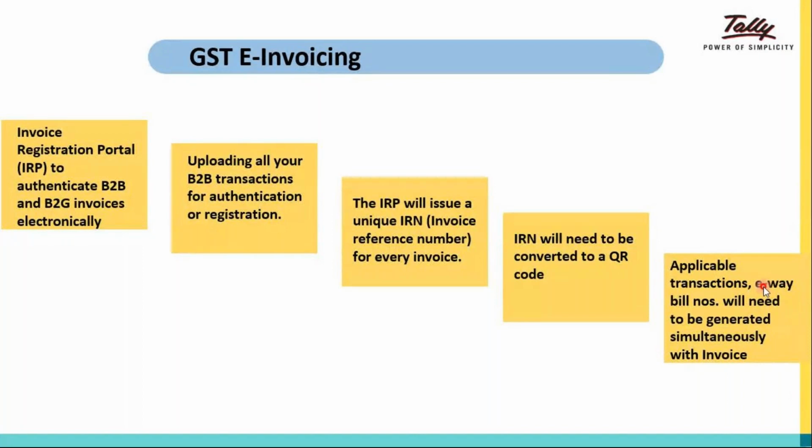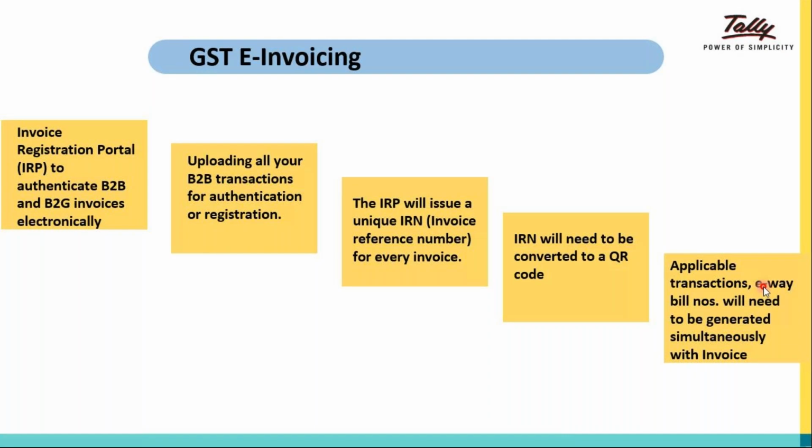Yeah. And very important, make a note of the limit. There is a limit. So what do I mean by limit? If your annual turnover is more than 5 crores, it is mandatory for you to upload your e-invoice.